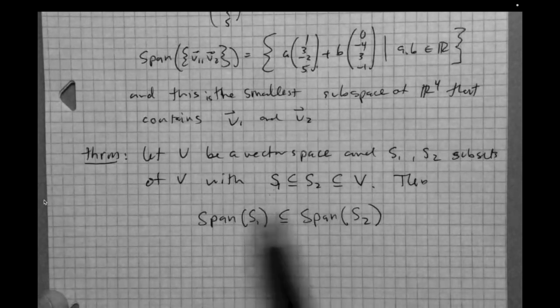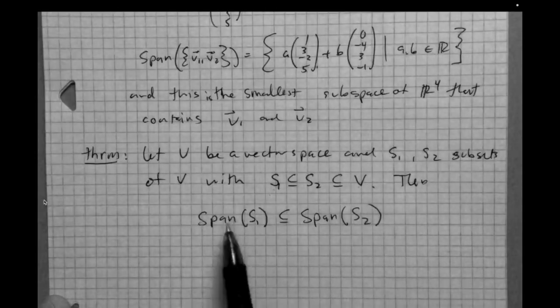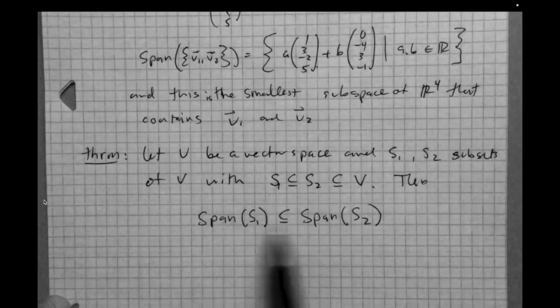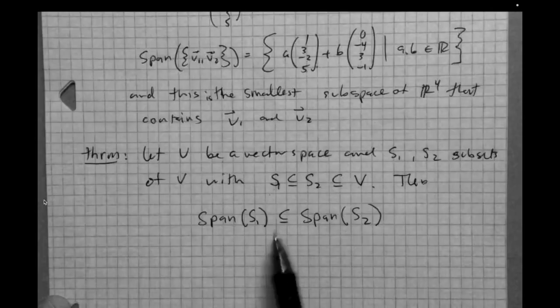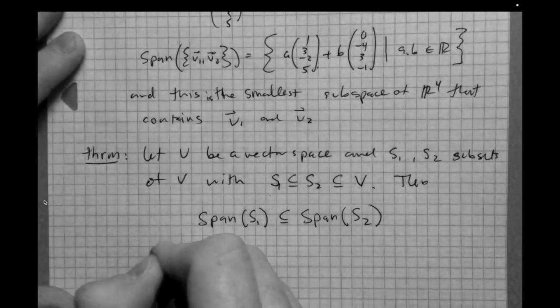The same logic that makes this a subset of V is applied to this as a subset of the span of S2. So basically you can apply the previous theorem and just iterate down to S1. But I'll leave the proof up to you.